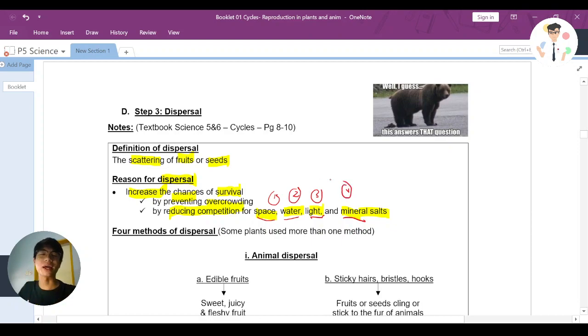Now, you might ask, teacher, how about air? Maybe they are crowded together, so there is not enough air, not enough oxygen. So far we are not accepting this answer. You cannot put air as the answer because we are surrounded by air. So you can't say that it reduces competition for air or oxygen.